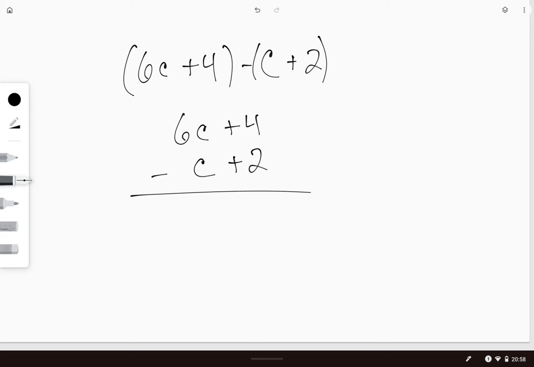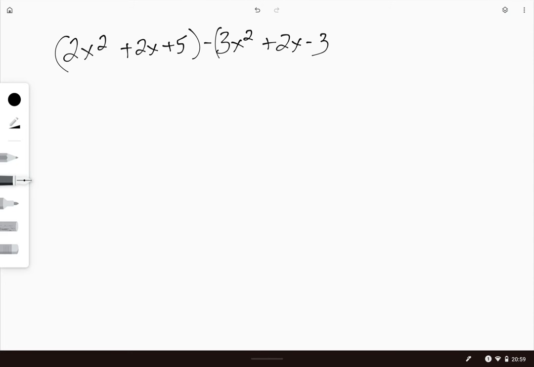So 6c minus c is 5c. 4 minus 2 is a positive 2, and that would be your answer to that one. So now I know this appears pretty straightforward, but please do not stop the video because I need to show you how to solve some that are a little bit more complex, which is what you're going to be working with for the rest of today.